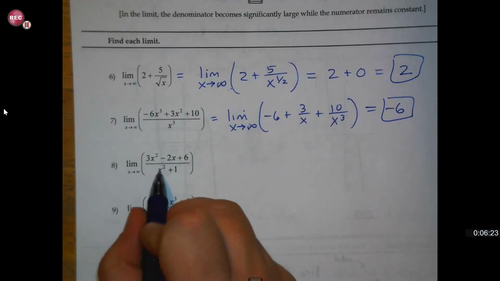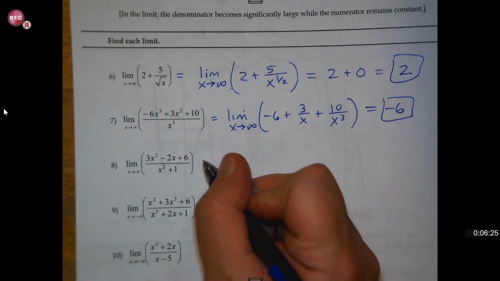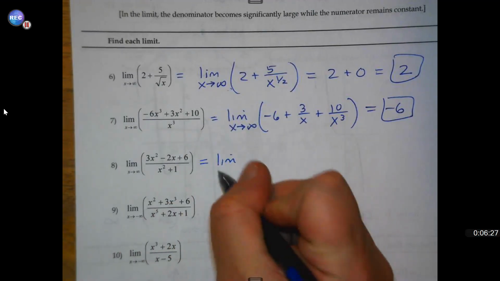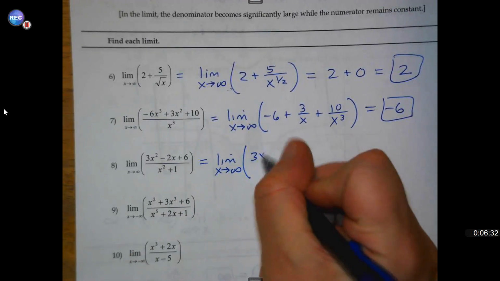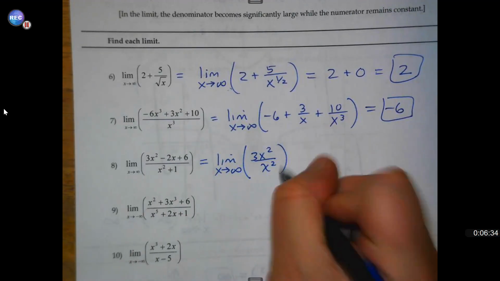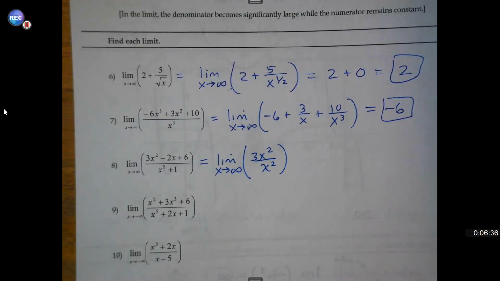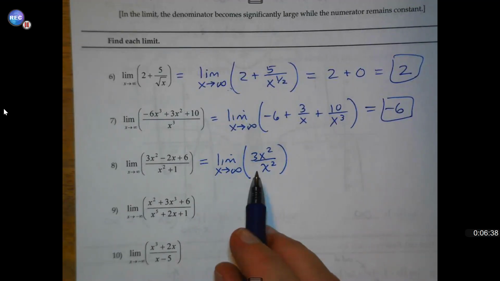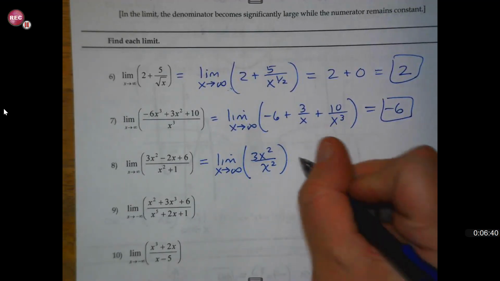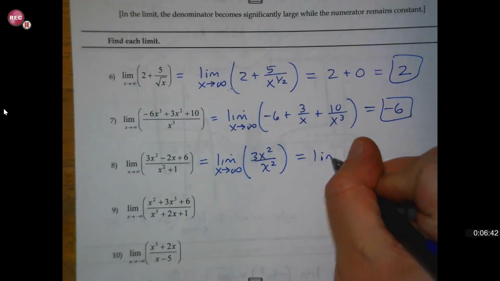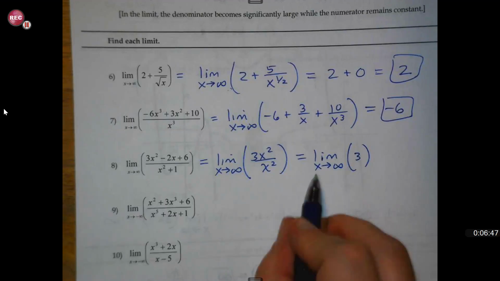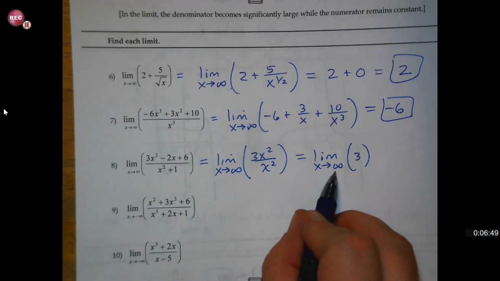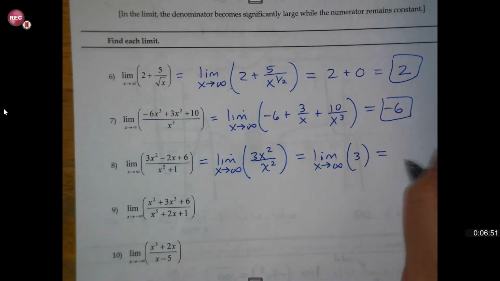And since the numerator and denominator are each polynomials, we could actually just focus on the leading terms in both the numerator and the denominator, kind of like we were doing on the front. Now we could simplify that ratio by just calling that 3. And now we're just left with a constant. As x goes to infinity, this is just going to stay at 3. So that would be the value of our limit.